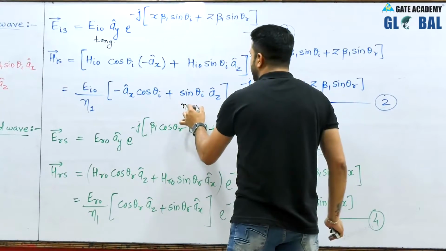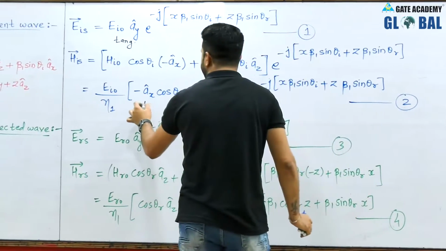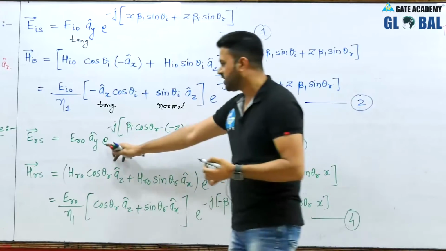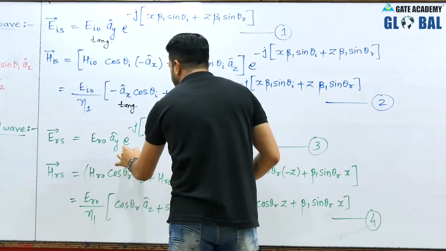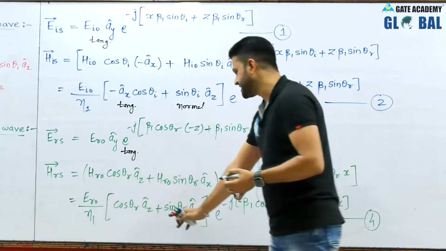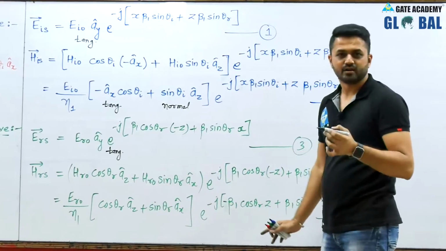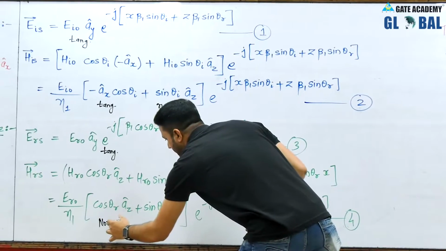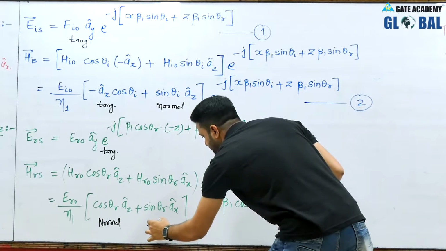So electric field is again having only the y component, so it is the tangential component, and magnetic field is having the z component and x component, and z component is normal component and x component is tangential component.